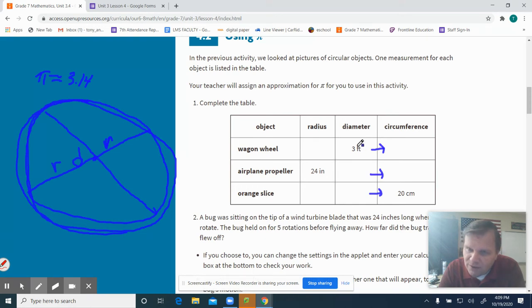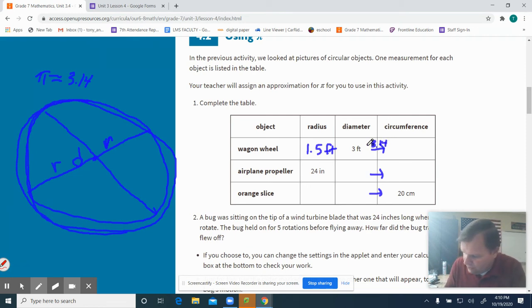So this one right here, if we take half of this diameter to get the radius, we know that the radius is going to be 1.5 feet. Here I have to remember to multiply by that constant, or pi, 3.14.